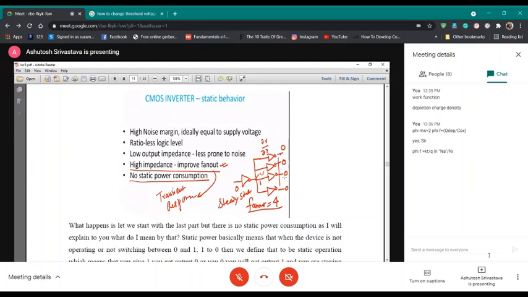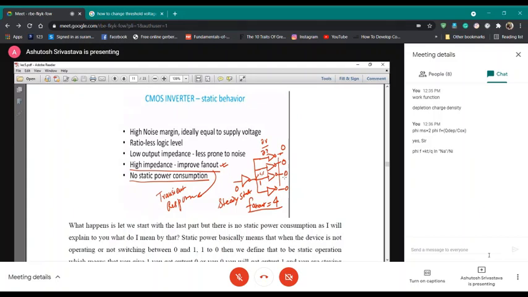so the difference between 0 and VDD, suppose VDD is 5 volts, or 2.5 volts or 1.5 volts, then to achieve a high noise margin, ideally it should be equal to 5 volts or 2.5 volts or 1.5 volts.